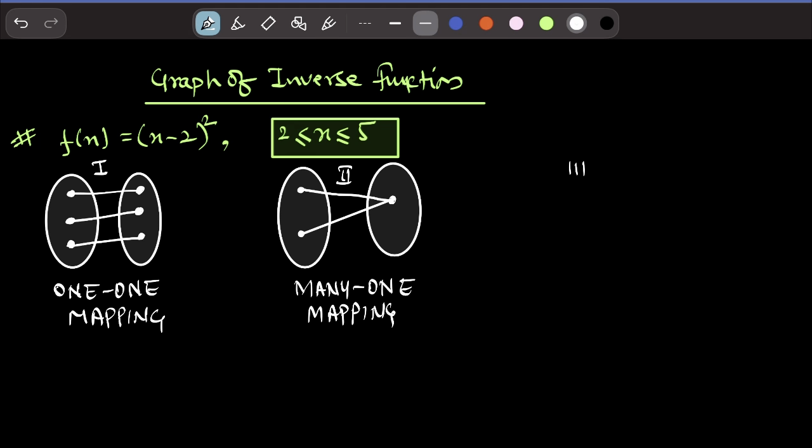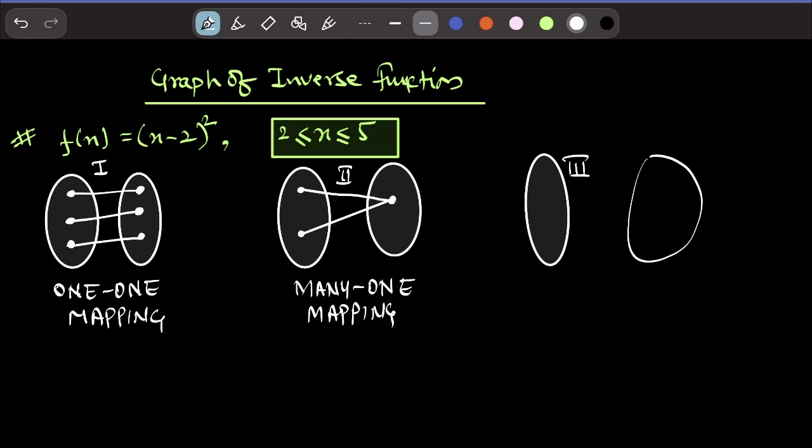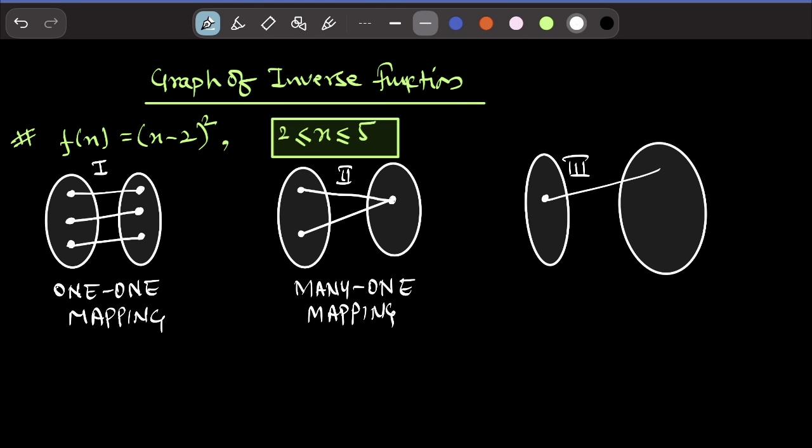This was your second example. And your third case was when we were having an inverse function, when we were having the set of input values and the set of output values, and one input value was connected to two output values. This is your one to many mapping, right?